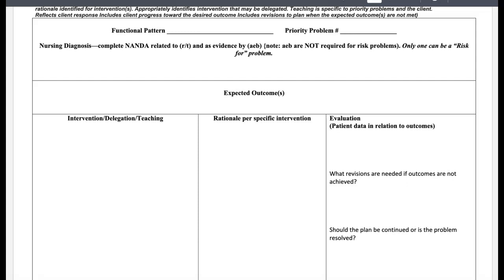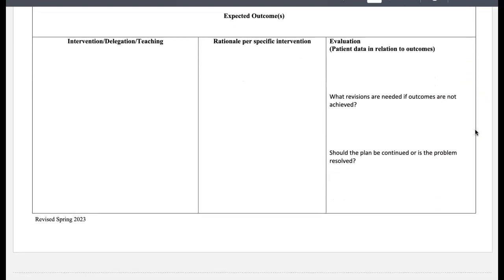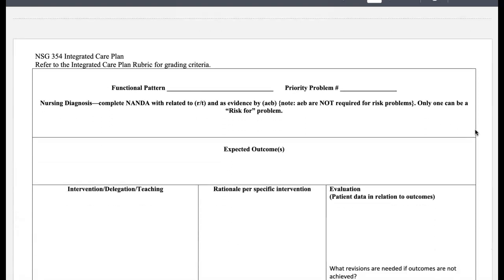You could then evaluate, did they make it? Maybe they only made it 15 minutes. So what revisions would you need to do? Make sure you're saying what those revisions are. And then should the plan be continued or is the problem resolved? Maybe it's gone away and it's no longer an issue. This is probably the area where most students struggle the most.